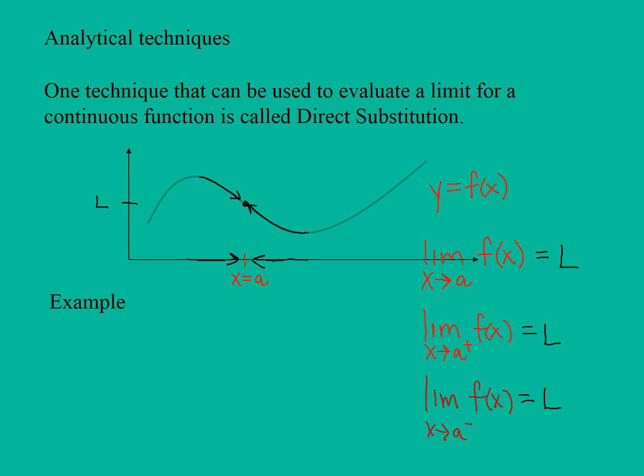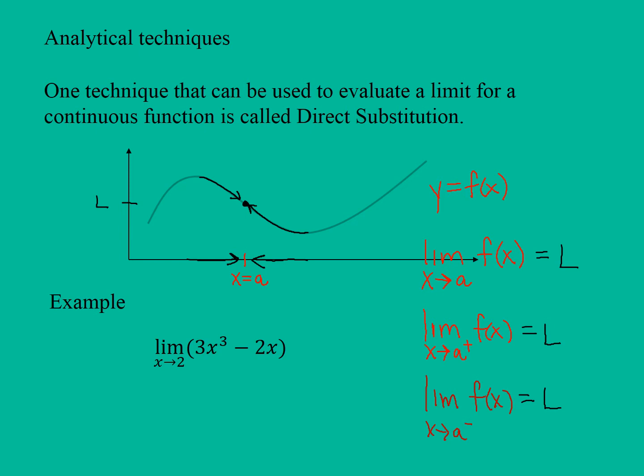And we can see, again, it is approaching L. Now that will happen with any continuous function. Our one-sided limits will agree at a. So our conclusion, we can now say the limit of f of x as x approaches a equals L. So that's looking at direct substitution graphically.